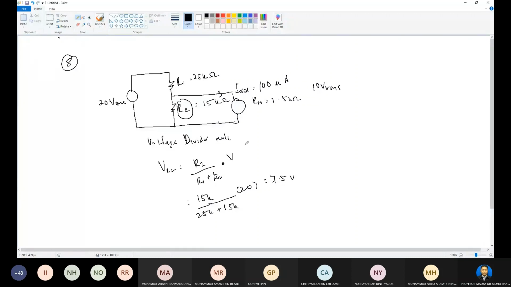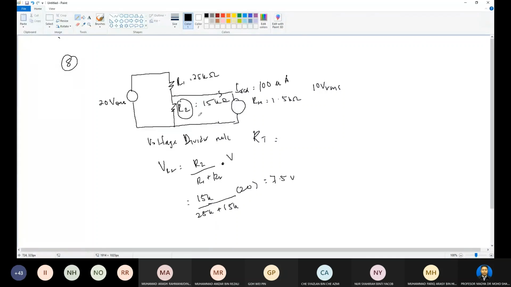So next, using the formula, you can calculate the total.